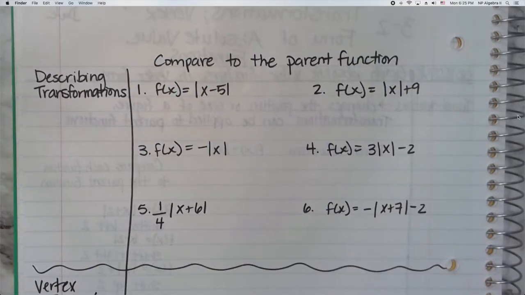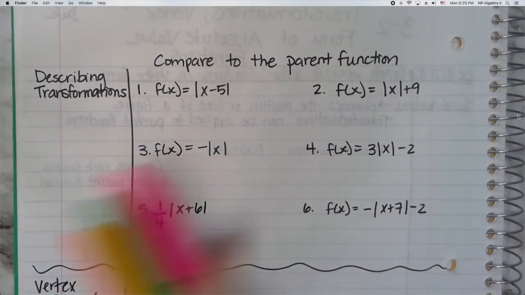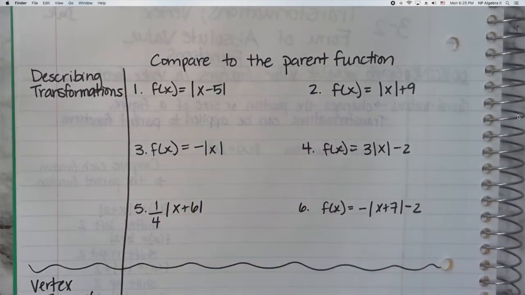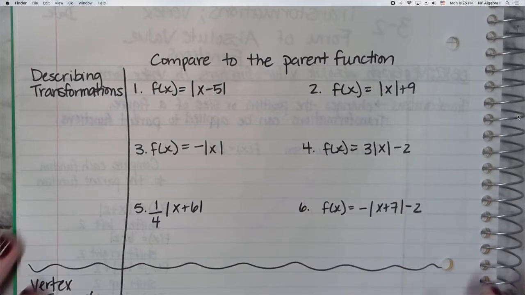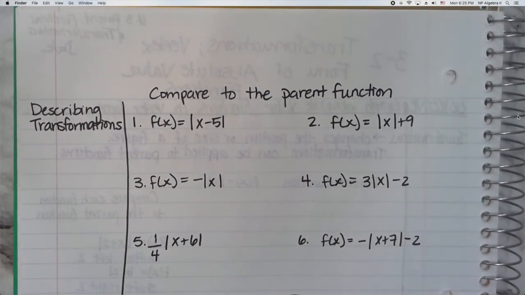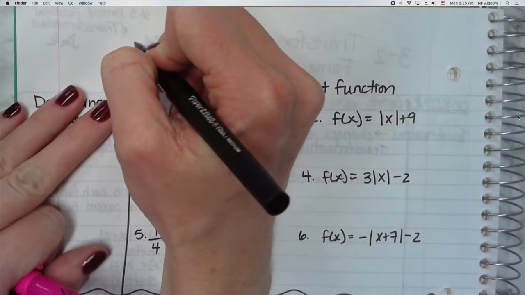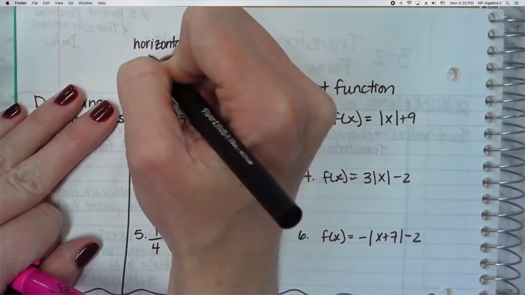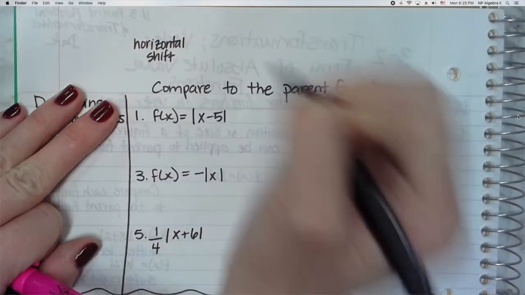I'm going to go ahead and color code these. You can do that if you'd like to. I'm using 4 different colors. These are the colors that I'm going to use. And I'm going to use pink just because on the front side, I wrote down information about my translations in pink and blue. So I'm going to highlight the horizontal shift in pink.